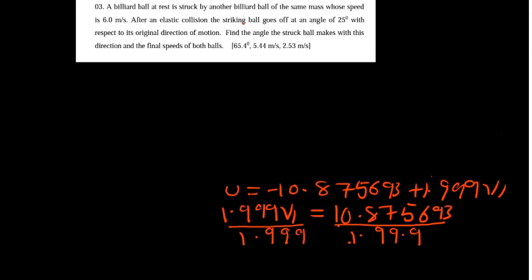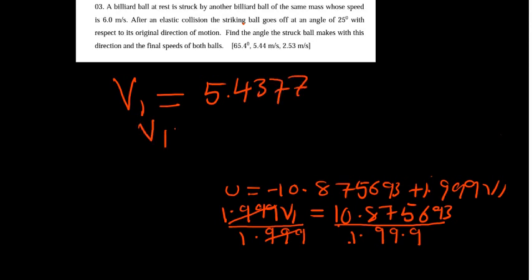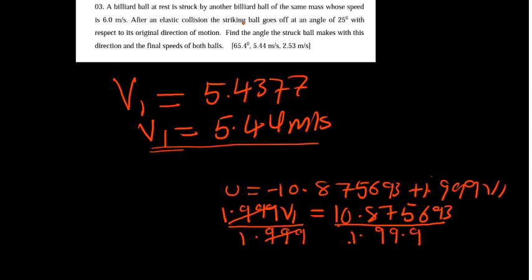Therefore, when we divide this, our v1 is going to be 5.4377, which is just v1 equal to 5.44 meters per second. So this was our final velocity for ball 1.